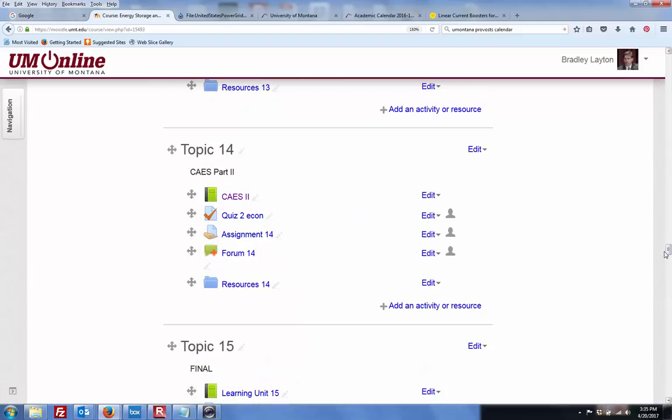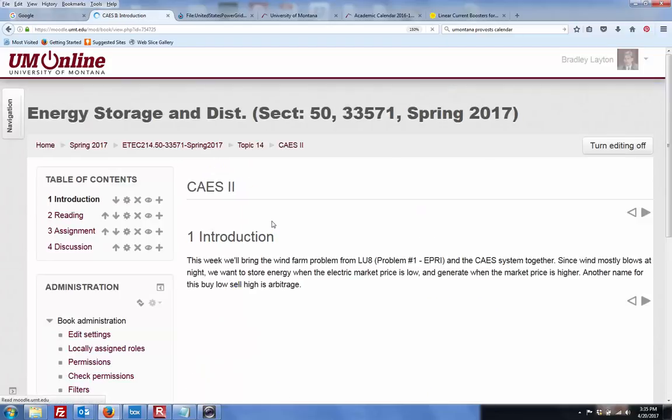Okay, so 12 and 13 are in good shape. There's not a whole lot. Let's look at this guy, compressed air storage 2. There might be one more bit of pain to push through here. Ooh, wind farm problem and compressed air together. Since wind mostly blows at night, we will store energy when the electricity market is low and generate when it is high.